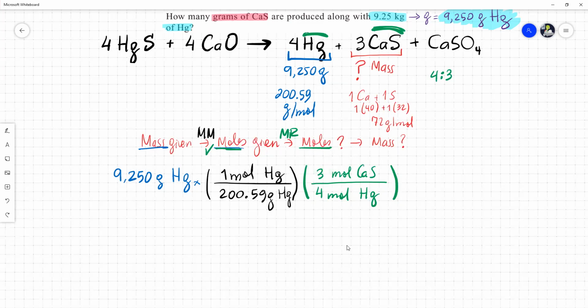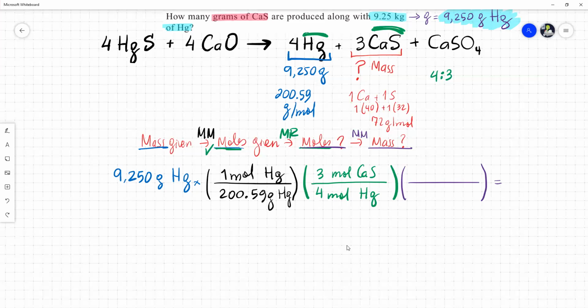And in the last step, where you relate the moles unknown and the mass unknown, you're going to be using the molar mass of the unknown. So how are you going to put the molar mass of the unknown in this parenthesis? Fernando. 3 moles of calcium sulfide.